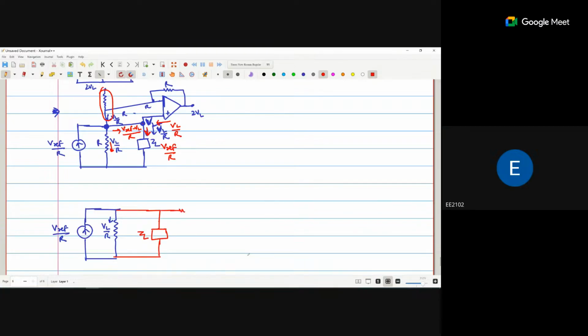To add VL by R current. So this is the R resistance. This is my op-amp. The VL point is coming here. So the VL point is connected on the positive terminal.